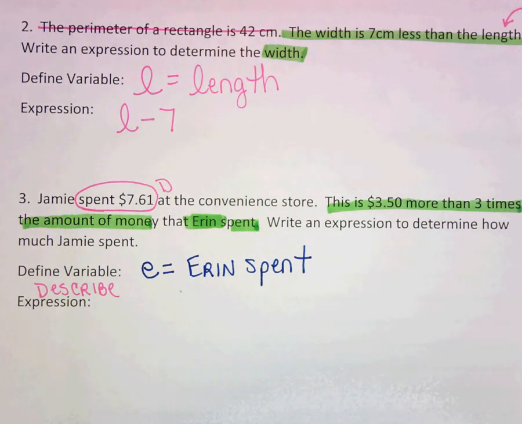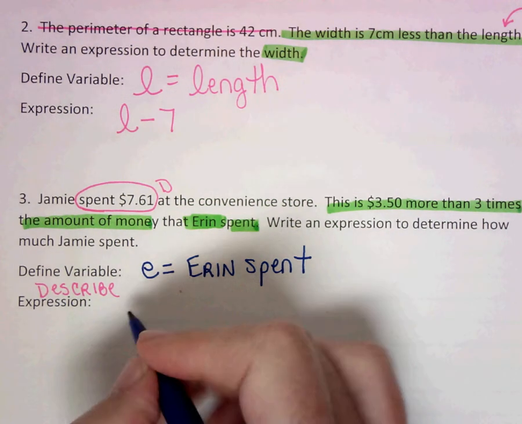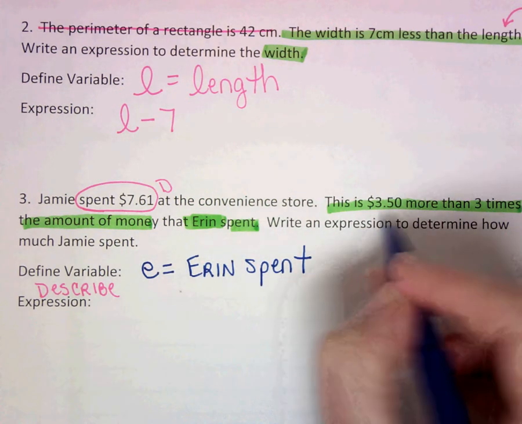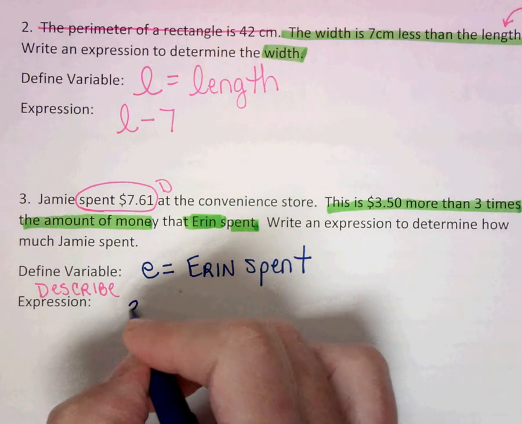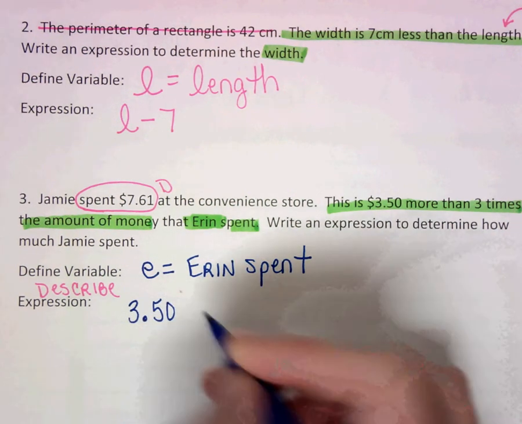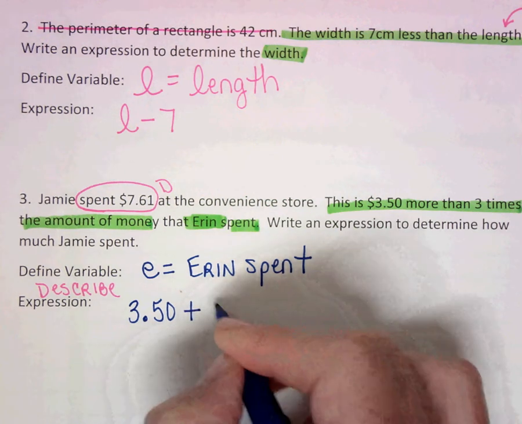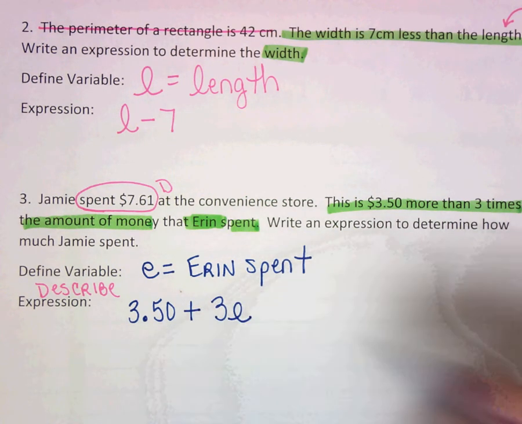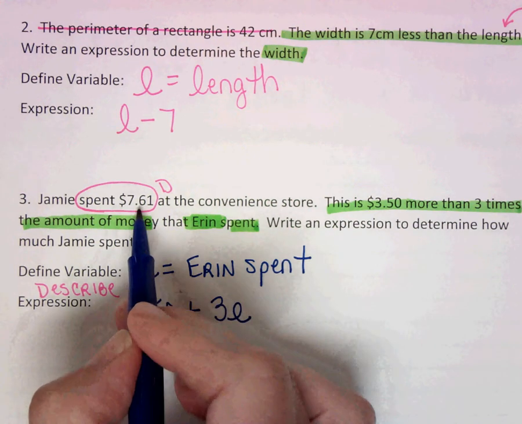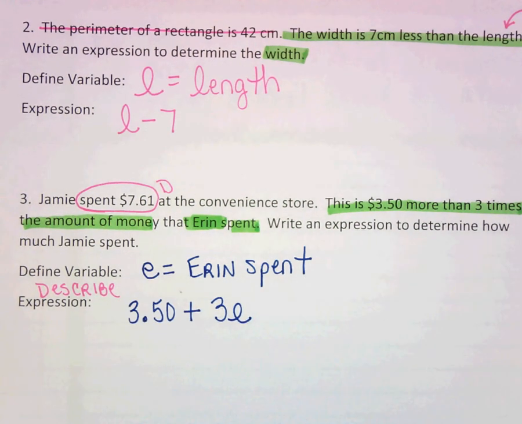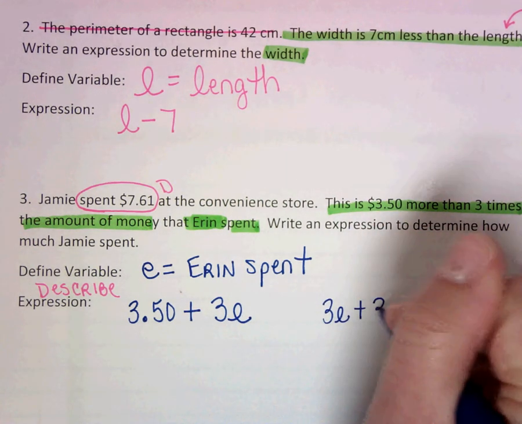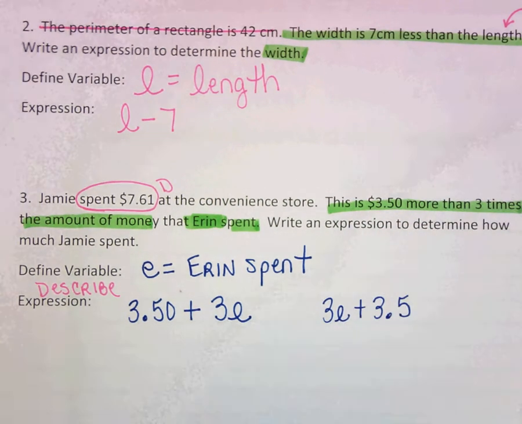So this is going to be $3.50 more than, so 3.5, and you can put that zero in there if you want, but you don't have to, plus 3 times E. That expression is going to describe the $7.61. If you switch this around, more than, addition, it's okay to switch things around. That would be fine.